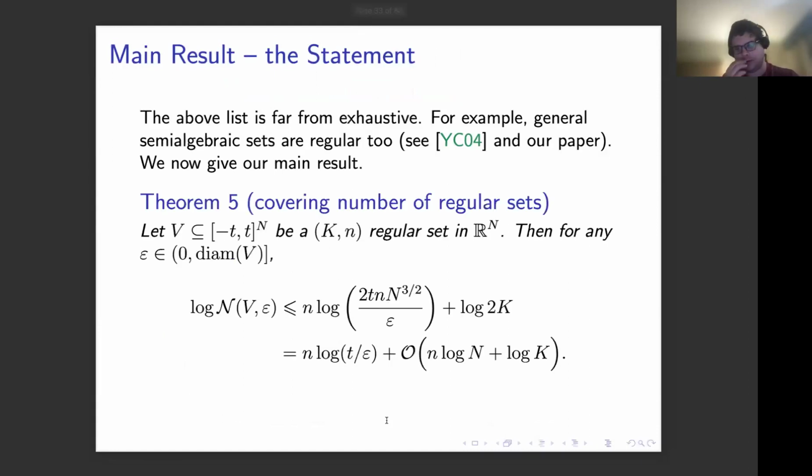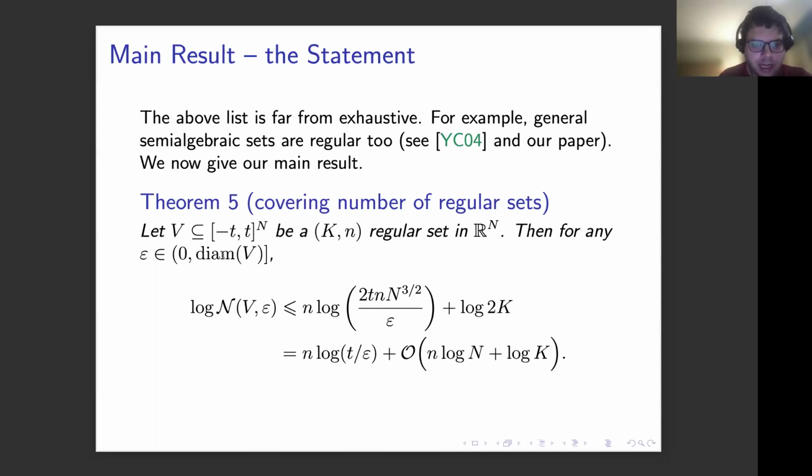Okay, here's our main result. So you saw it in the table, but now I'll be more precise. Let V be in R to the capital N, and it's inside a box from minus t to the power of n.